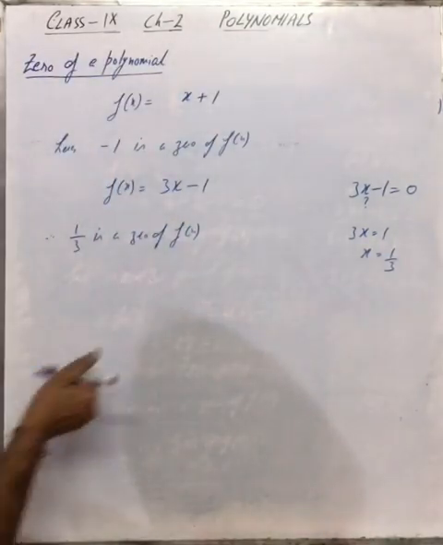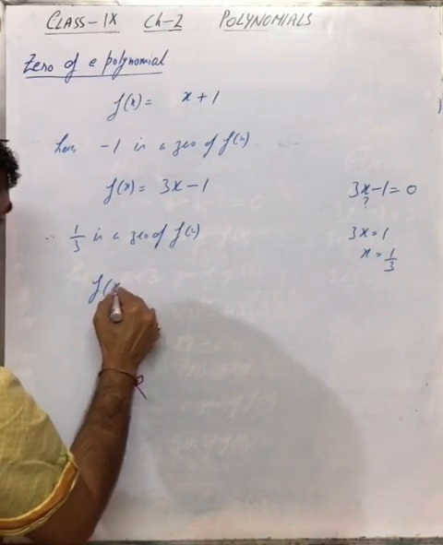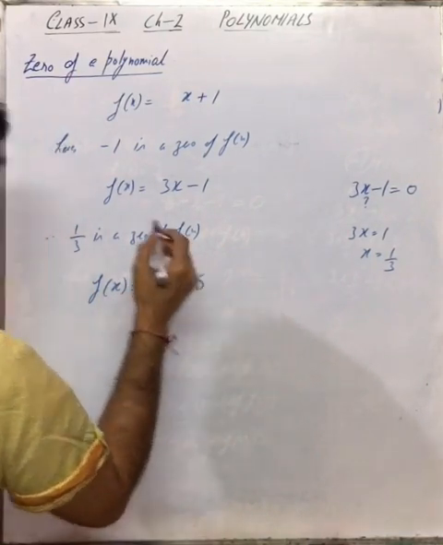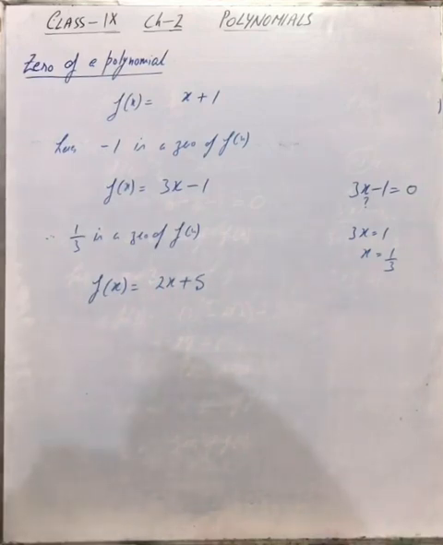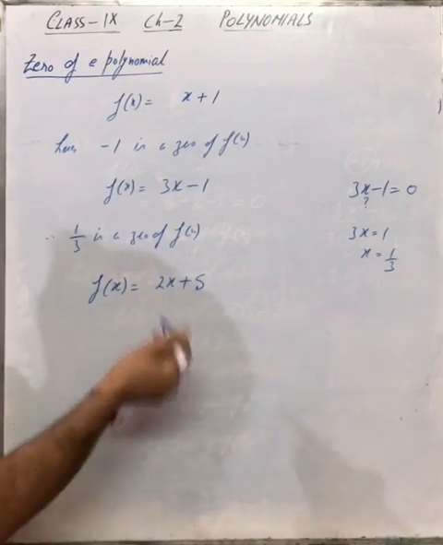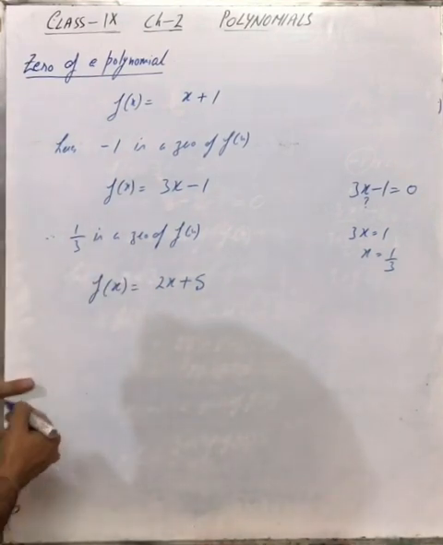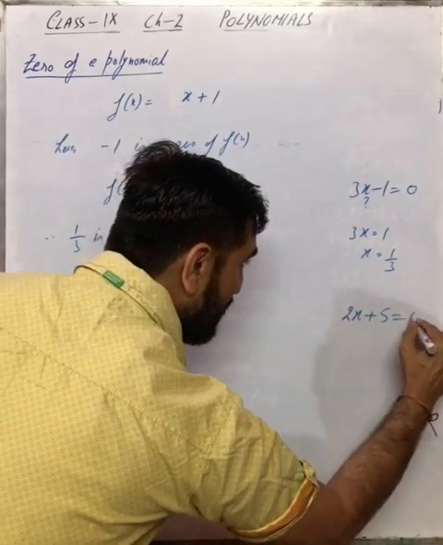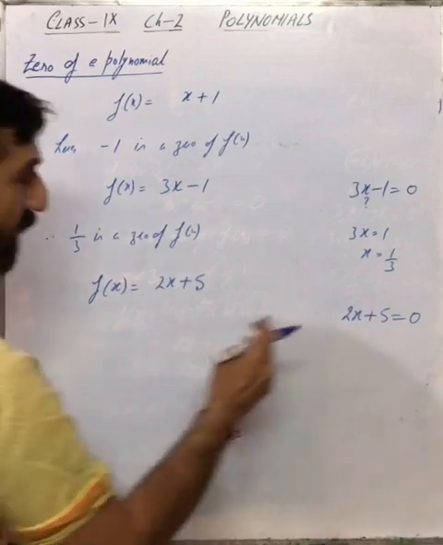So students, let me take another polynomial, say 2x plus 5. Now think what will be the 0 of this polynomial. हाँ जी, are you thinking? Yeah, I think you might be getting the right answer. Let me solve it here. मैंने आपको कहा था इसको रफ में is equal to 0 कर दें.